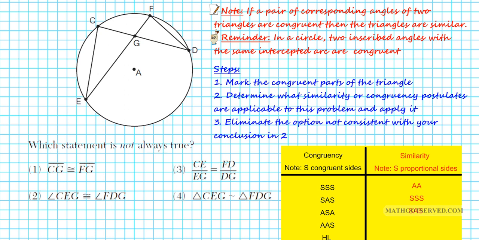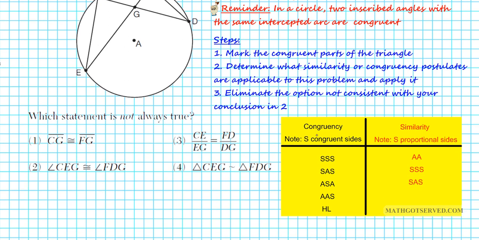Now, just a real quick review. When you're proving congruency, you have SSS, SAS, ASA, AAS, and HL. Don't forget that when you're dealing with congruency, S represents congruent sides. Now, in similarity, we have 3.